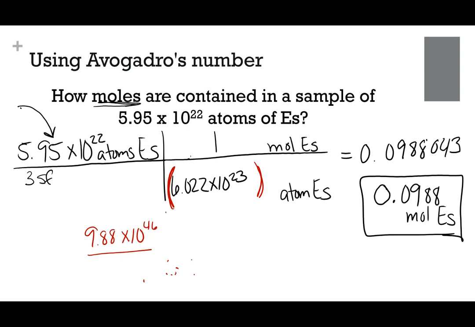If you do not put it into parentheses, your not so smart calculator will take 5.95 times 10 to the 22nd divided by 6.022, then it'll multiply times 10 to the 23rd. So it'll add the exponents instead of subtracting the exponents. Your calculator just didn't do the steps in the right order. So if you got a number like this, just make sure that you kill it with parentheses as you type it in.